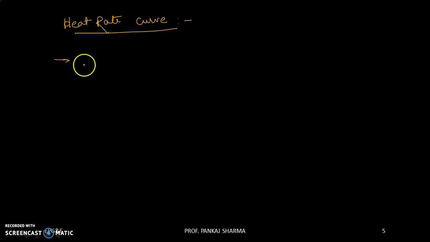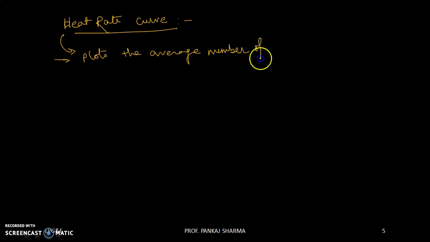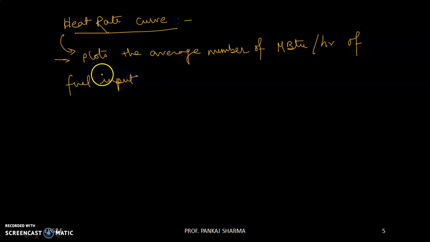Point number 1: the heat rate curve plots the average number of mega BTU per hour of fuel input needed per megawatt of output.